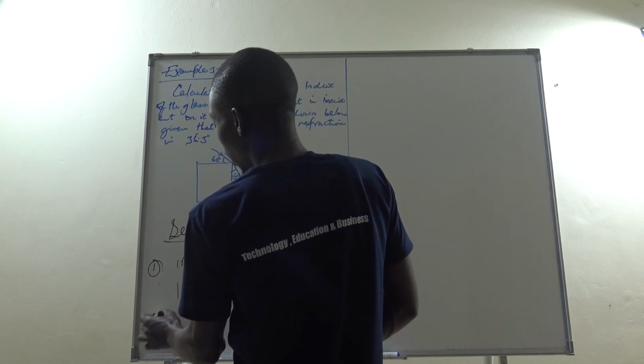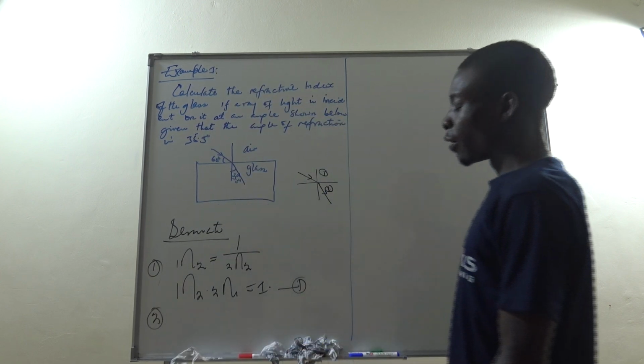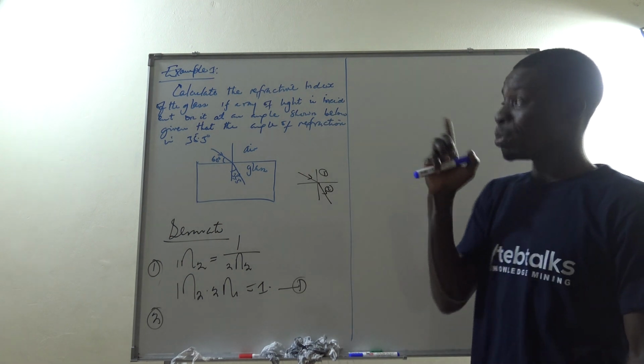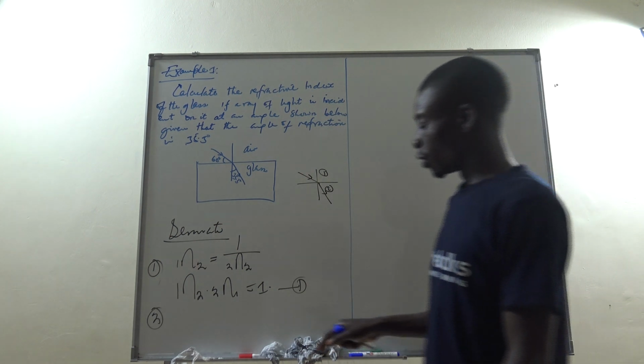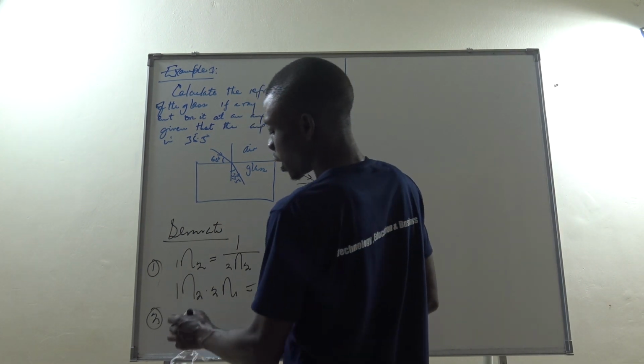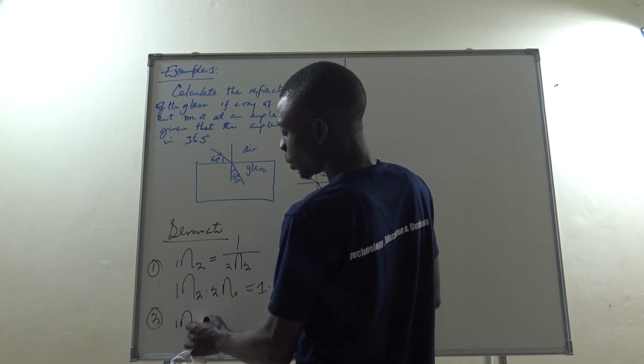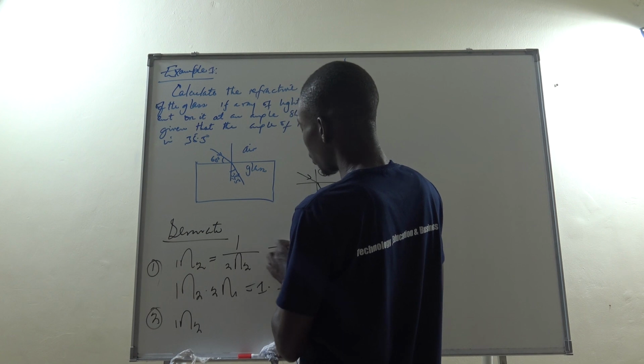And then 2, if we can remind ourselves, because we are going to build up on this, you should be in a position to remember all these. We also said that if something moves from 1 to 2, this is for 2 media.